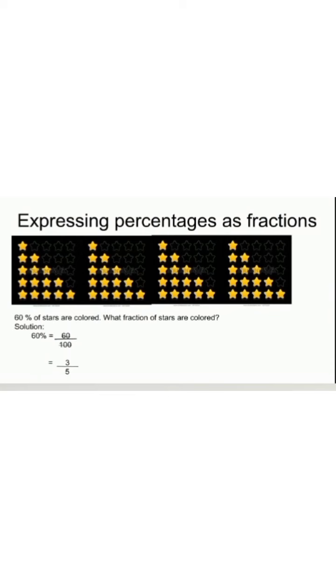So let's divide 60 and 100 by 20. 3 twenties make 60 and 5 twenties make 100. So my simplest form of the fraction is 3 divided by 5, which cannot be simplified further. And 3 divided by 5 is the fraction expression of 60%.